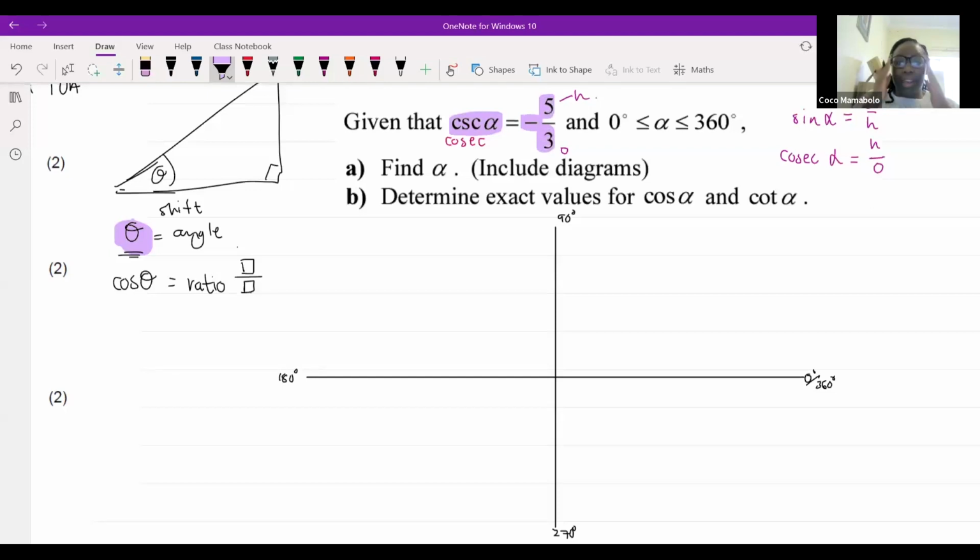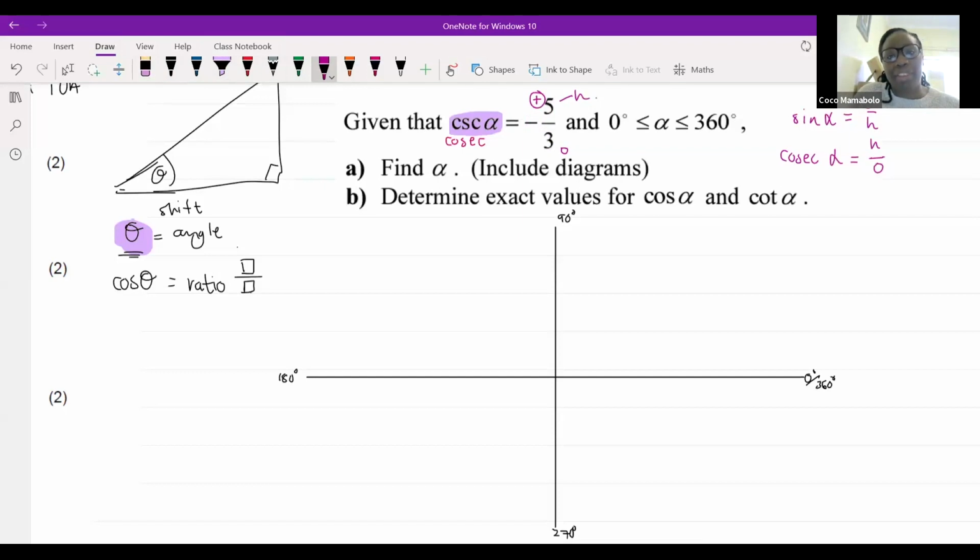Now, that negative tells me that either my x value is negative or my y value is negative, because the only way I'm possibly going to get a negative is if I had a positive divided by a negative, or the other way around, a negative divided by a positive. That's how I end up with a negative. So that means that my hypotenuse has to be positive, and the opposite is the y value.